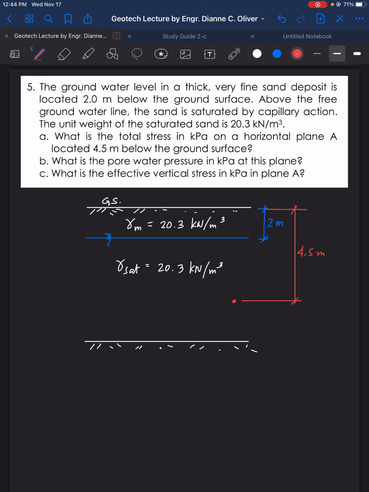Point A, so it's given point A. If that is 4.5 meters, so this is 2.5 meters.